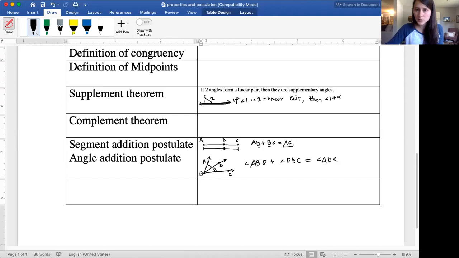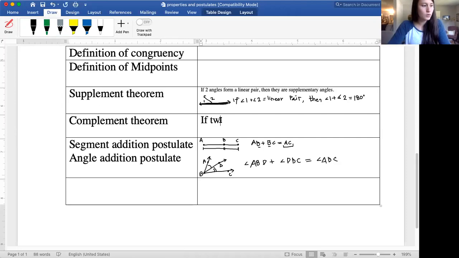Now, how many degrees are supplementary angles again? They're 180. So I can say then they add up to be 180 degrees. Got it? So let's take a look at complement theorems. So for a complement theorem, this has a little more going on.